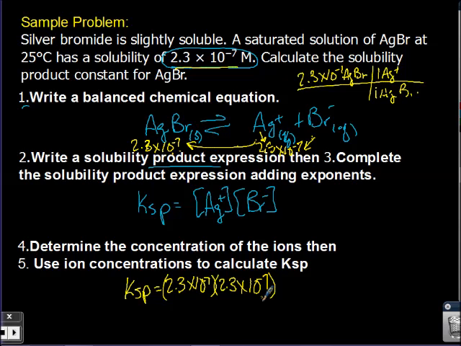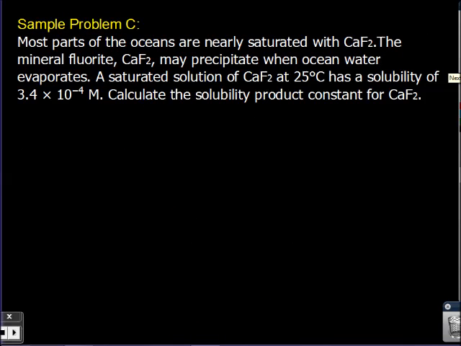So 2.3 times 10 to the negative 7th, and I'm going to square that number. And that equals 5.29 times 10 to the negative 14. Okay, this is how I would do the sample problem. I can do this one for you in class tomorrow.